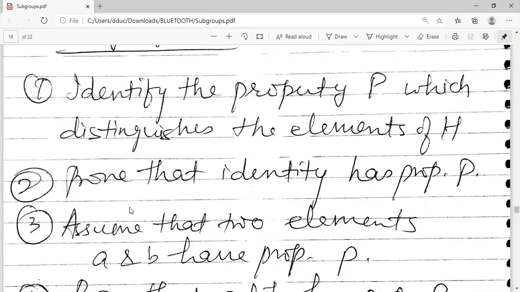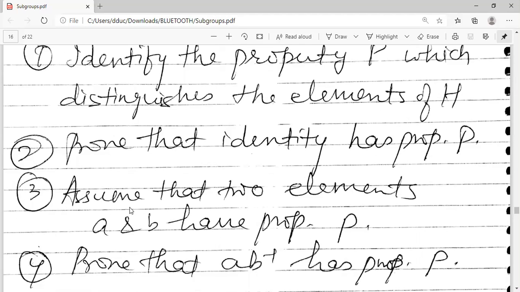Number two, prove that the identity element has property P. Once you have identified that property, next you prove that the identity element has that property. If the identity element has that property, that means the identity element belongs to that set, so the set becomes non-empty. If you have a non-empty set, then you can apply your test.